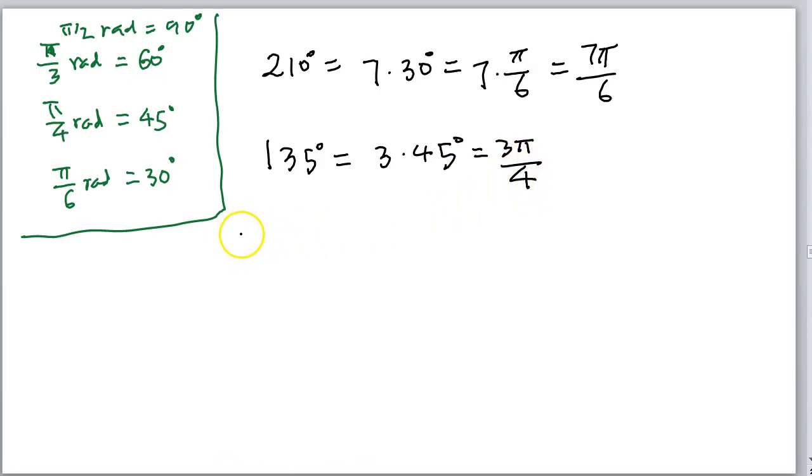Okay. Now, we used to call 30, 45, and 60 special angles, but from now on the unit circle, any angle that's a multiple of 30, 45, 60, or 90 will be called special angles. And if you have those special angles, you can always write it as something pi over 2 or 3 or 4 or 6.